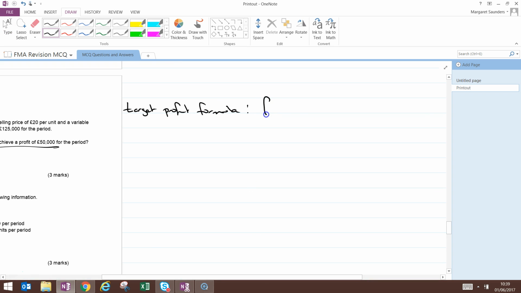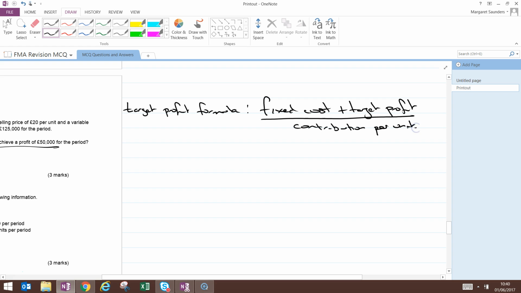And that is fixed costs plus the target profit divided by contribution per unit.